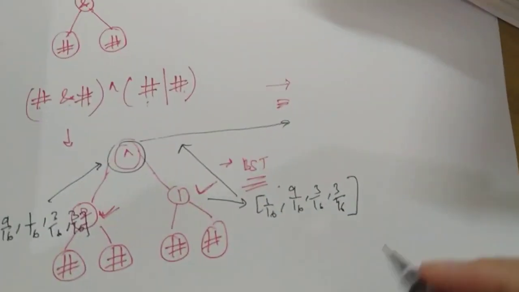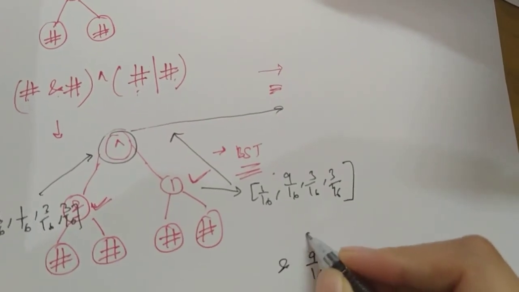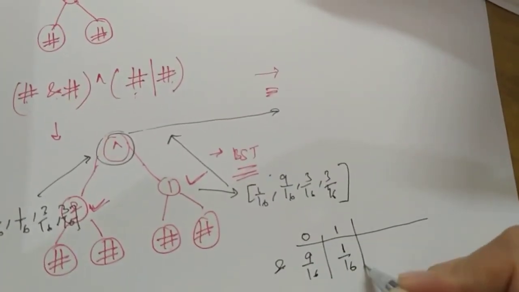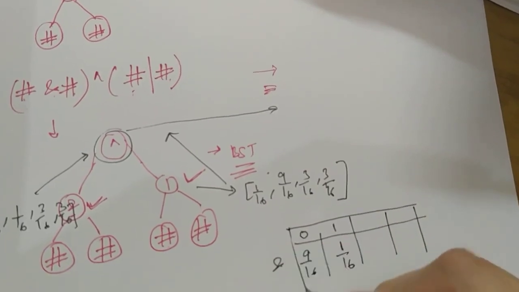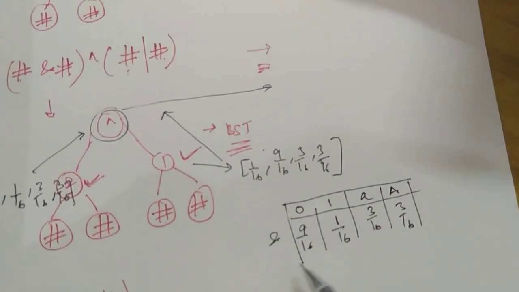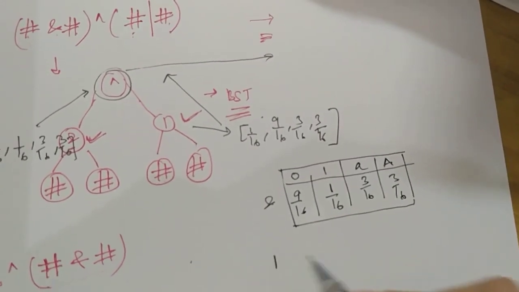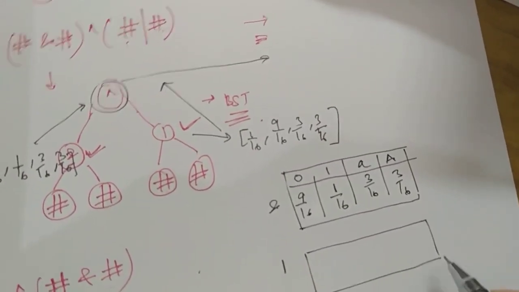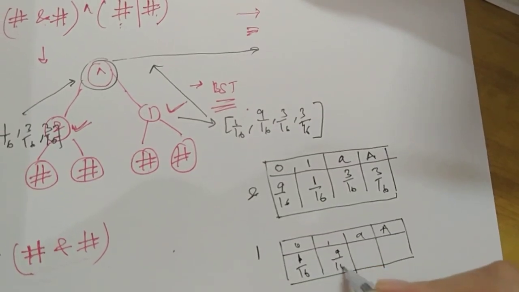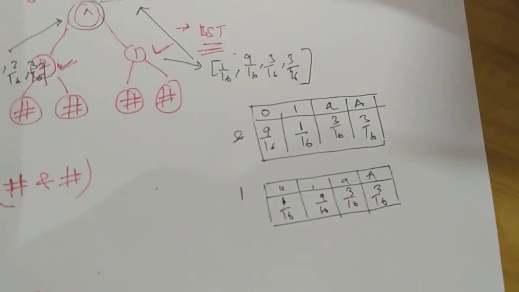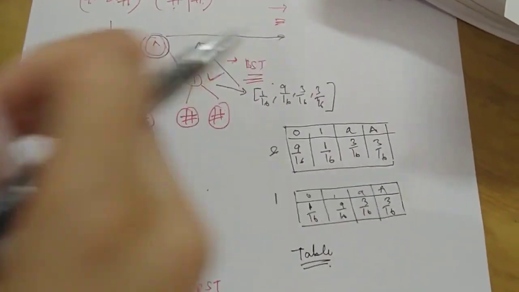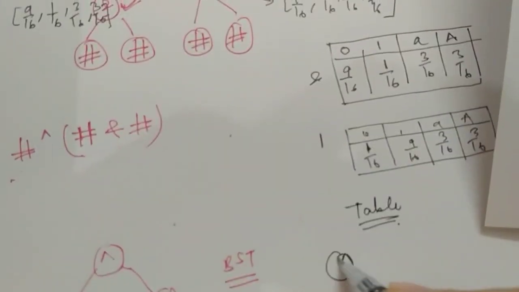If we took it to be like this, that 9 by 16 of and this is for 0, 1 by 16, 1, A, capital A, for and for or, now we need to look into our table to evaluate this XOR.